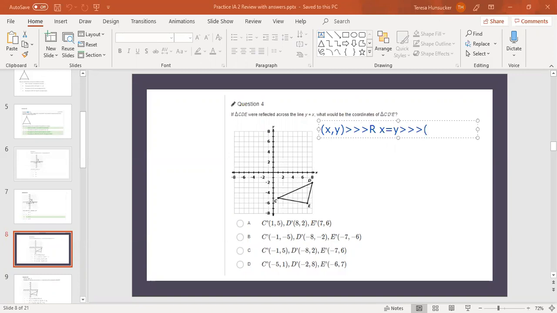Your new X coordinate has to be your Y coordinate, and your new Y has to be your X coordinate.